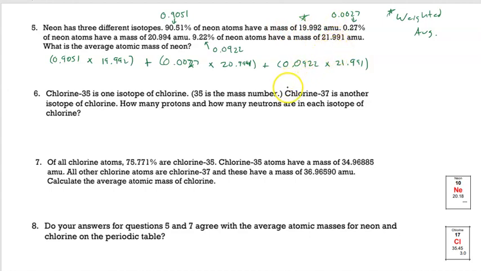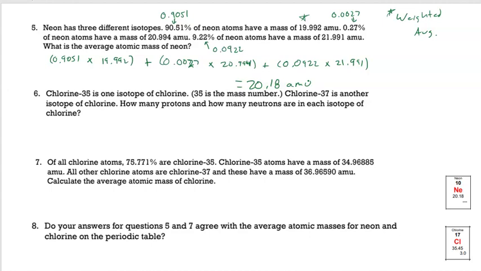All right? And when we do that, right, this times this, plus this times this, plus this times this, I get 20.18 AMU for my average. Okay?